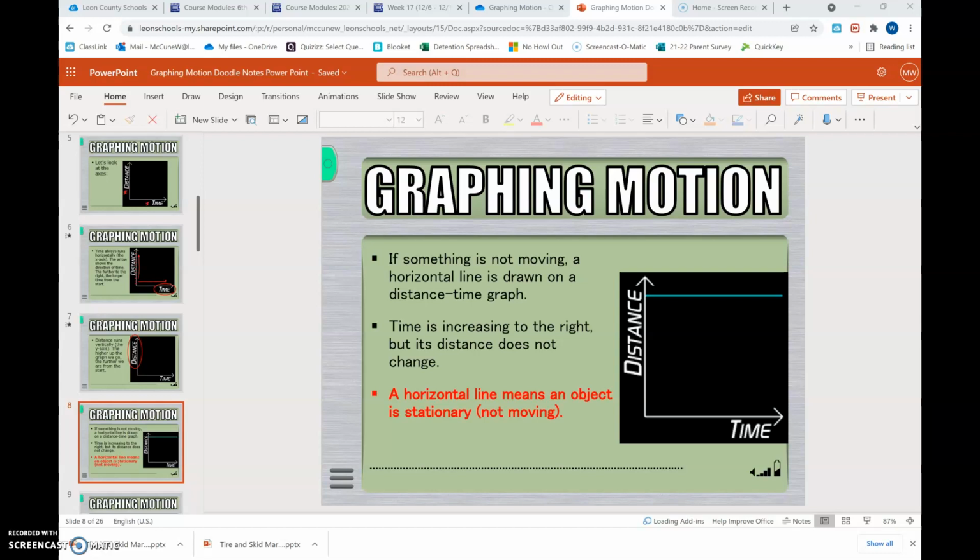Because the y-axis shows you distance and the x-axis shows you time, if something is not moving, what that means is it has a constant distance.